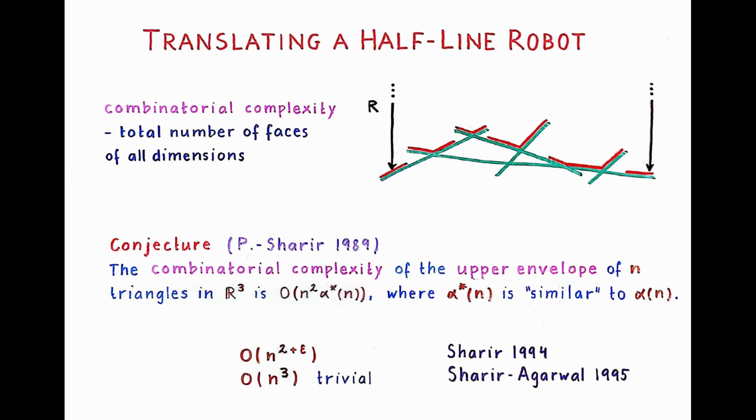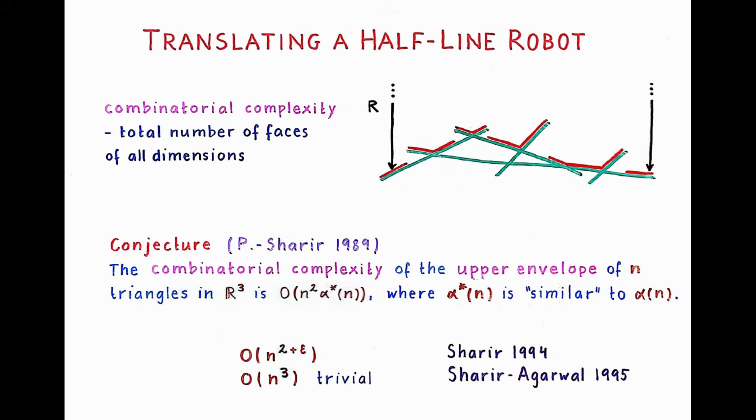And the prevailing conjecture is that as you go up with the dimension, well, in 2 dimensions the bound was slightly superlinear. In 3 dimensions, you would conjecture that it is only very slightly superquadratic, and so on.